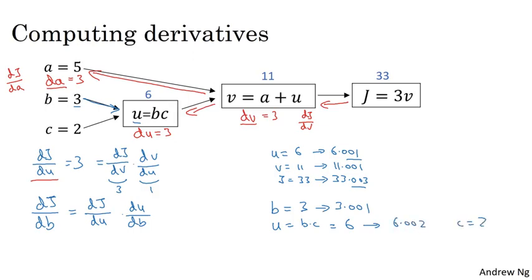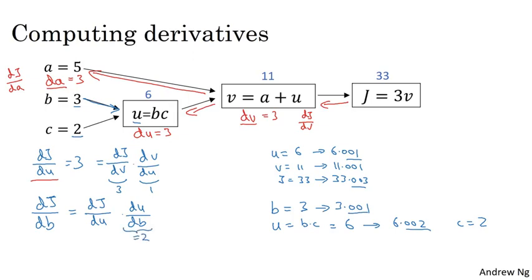Because c is equal to 2 in our example here. And so this tells us that du/db is equal to 2, because when you bump up b by 0.001, u increases twice as much. So du/db is equal to 2.